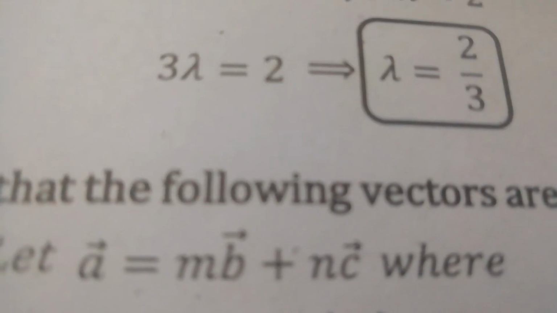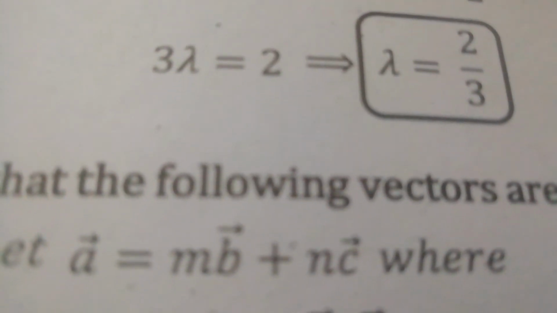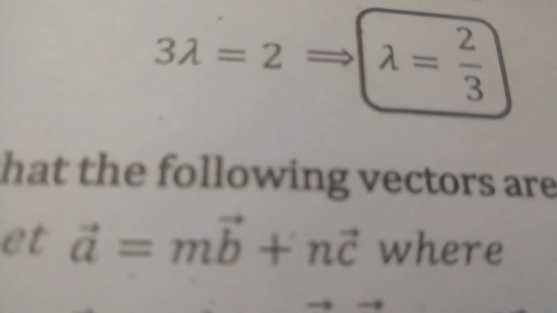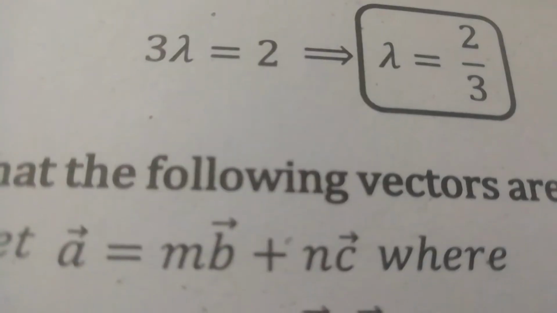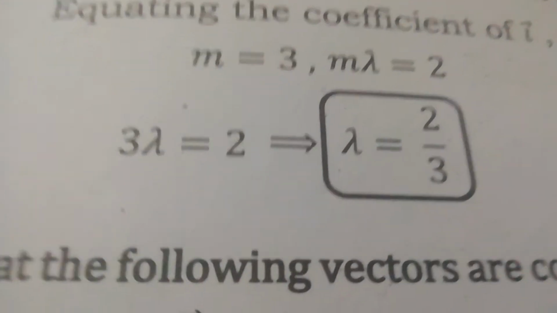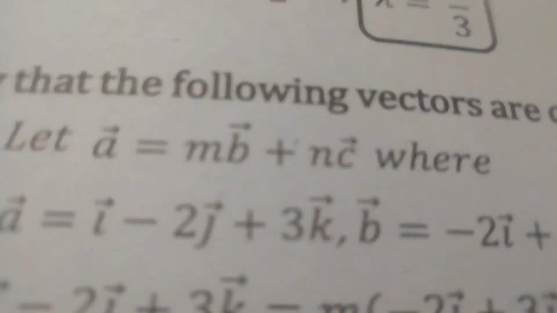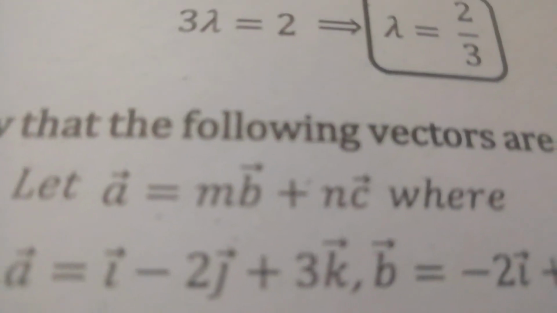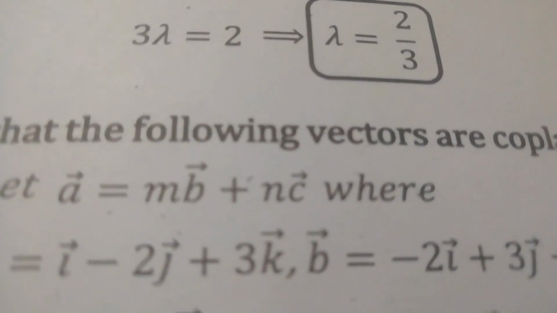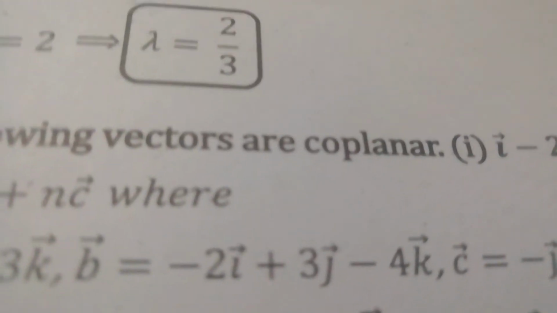So the condition for three vectors to be coplanar: A vector is equal to m times B vector plus n times C vector, where m and n are scalars. So we can consider the first vector as A, i vector minus 2j vector plus 3k vector. What's the B vector?